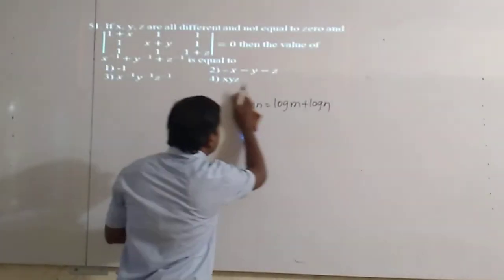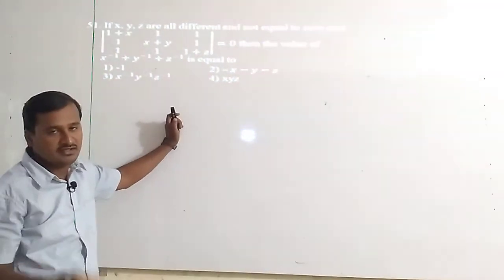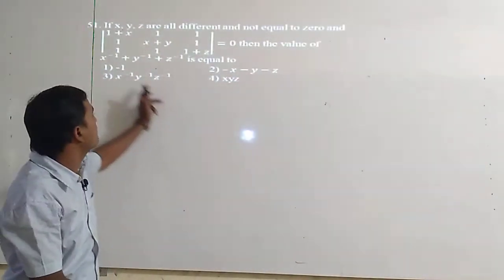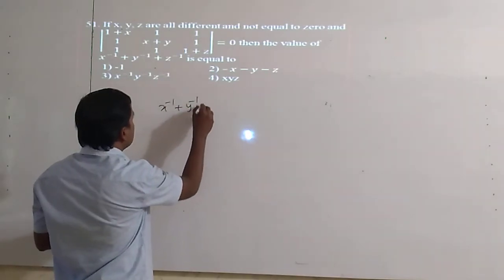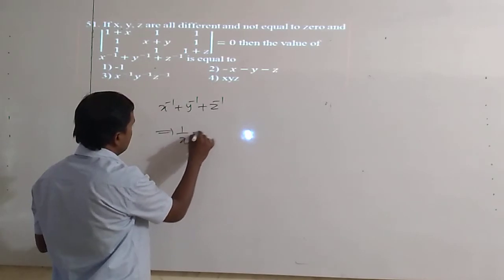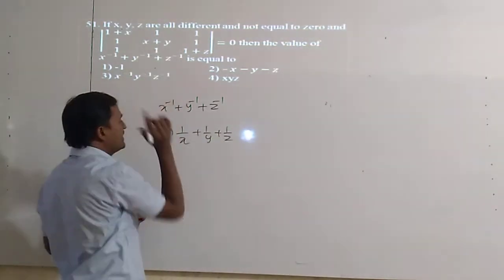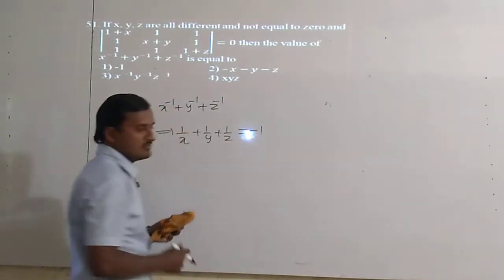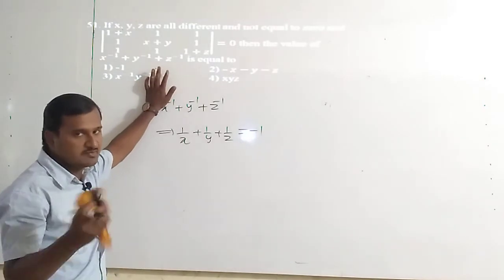I will go for the next question. Okay, this one. Again this question we have solved in previous videos. What is the value of x to the power minus 1, y to the power minus 1, z to the power minus 1? This implies we have to find 1 by x plus 1 by y plus 1 by z, and it is a standard result. So this is minus 1, right? We already solved such types of questions in previous videos.